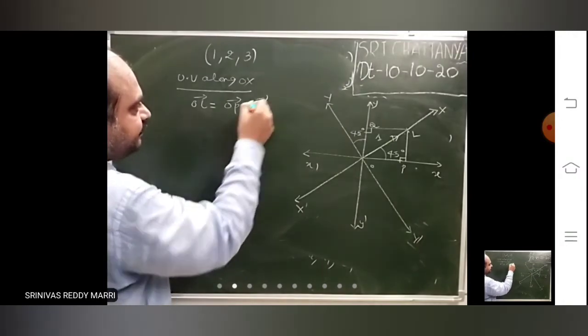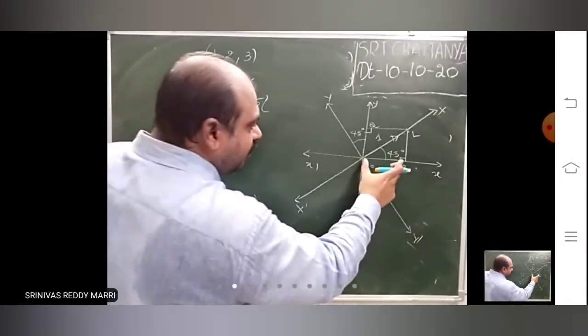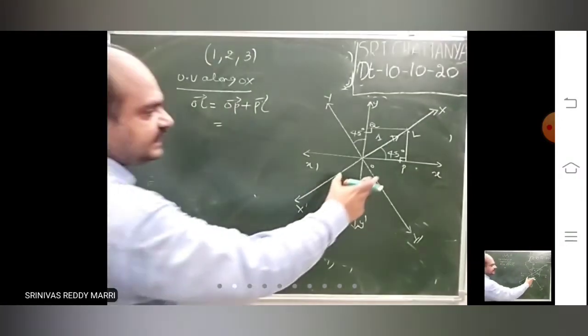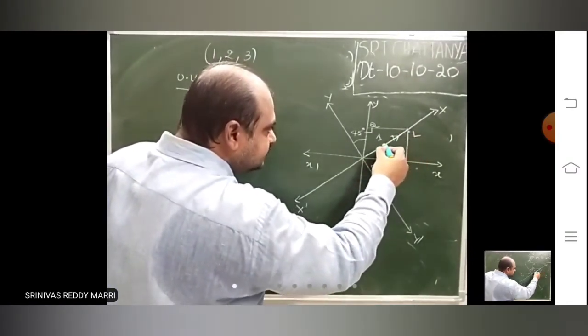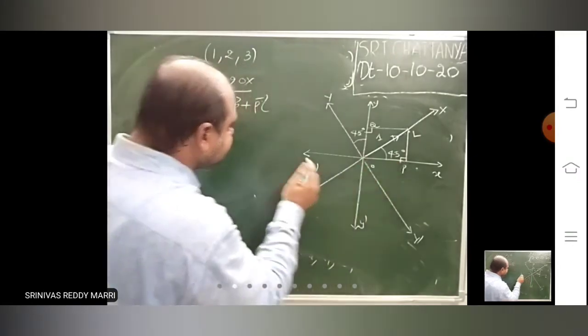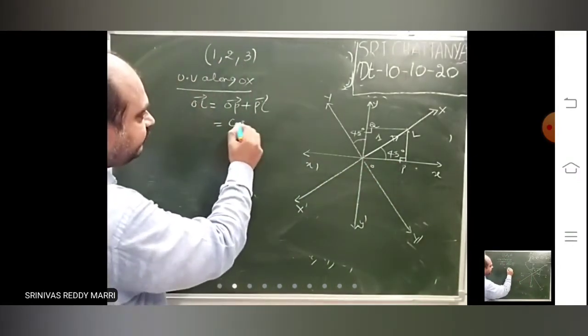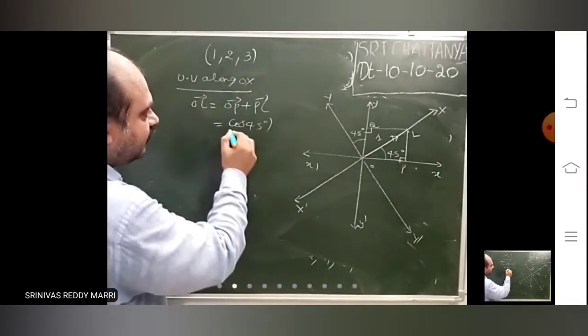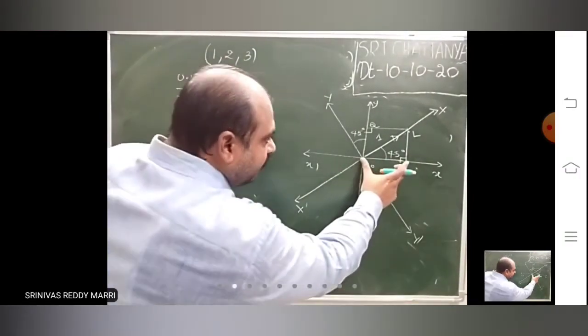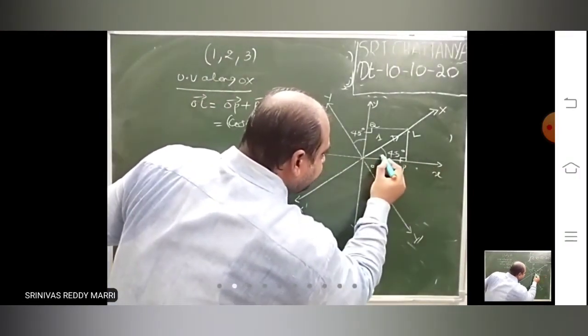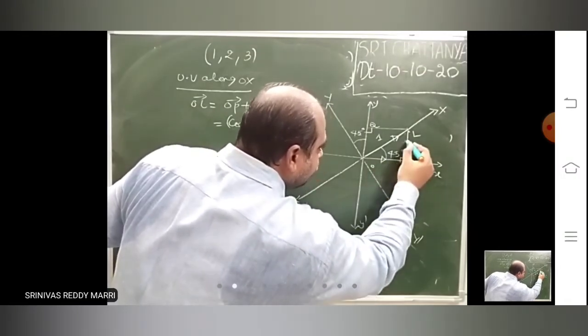Now OP length is what? This is 1 and this is adjacent side, cos 45 degree. OP length is nothing but cos 45 degree.